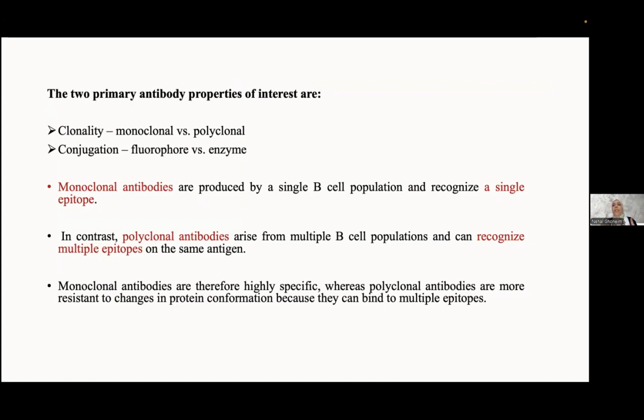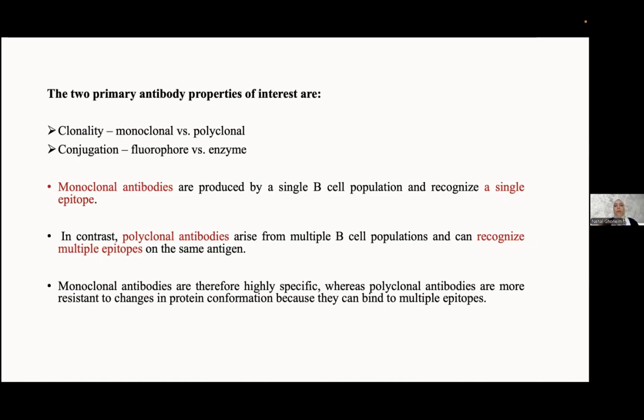Monoclonal antibodies are produced by a single B cell population and recognize a single epitope of the protein of interest, but polyclonal antibodies arise from multiple B cell populations and can recognize multiple epitopes of the same antigen. Monoclonal antibodies are highly specific, whereas polyclonal antibodies are more resistant to changes in protein conformation because they can bind to multiple epitopes. So if we want to ensure specificity, monoclonal antibodies are recommended.